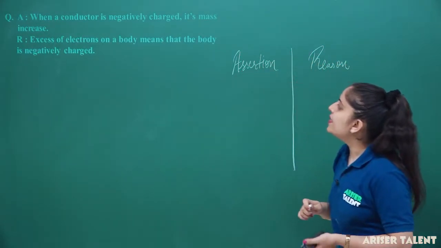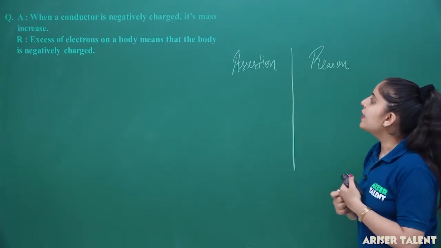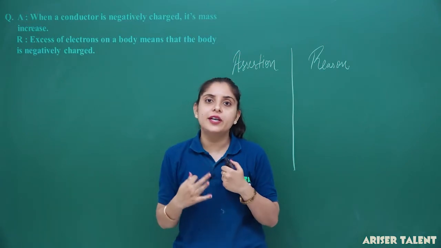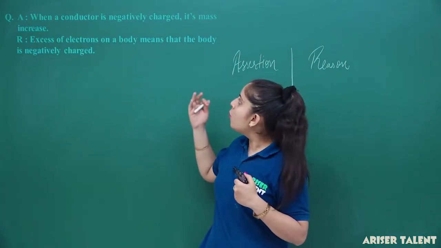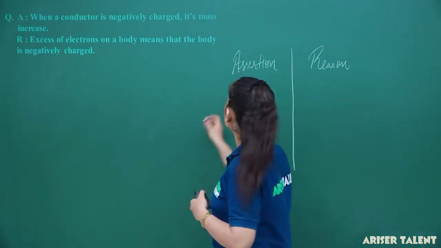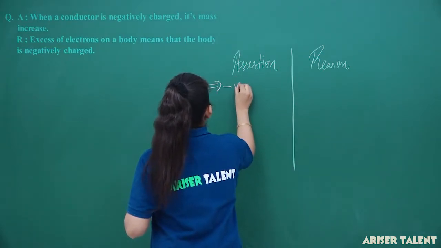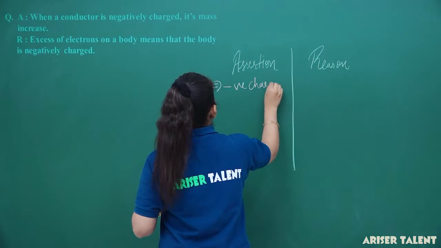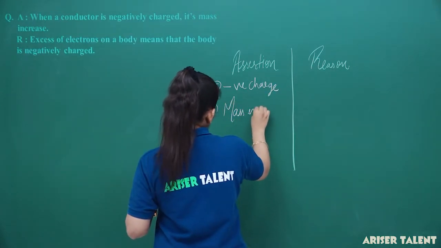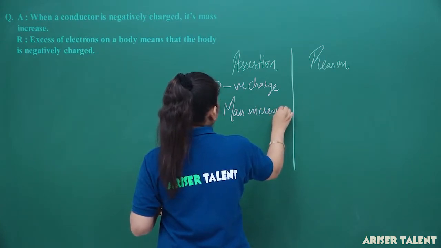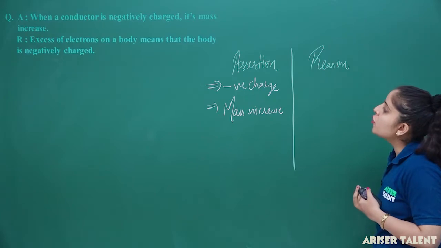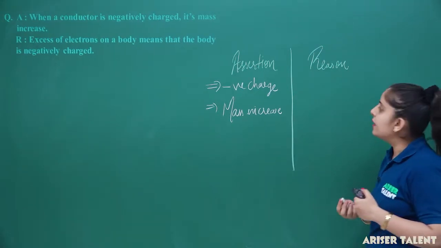Now, what is the assertion saying? When a conductor is negatively charged, its mass increases. This is a true statement. If you have more negative charge on the conductor, its mass is going to increase. Second part, excess of electrons on a body means that the body is negatively charged.